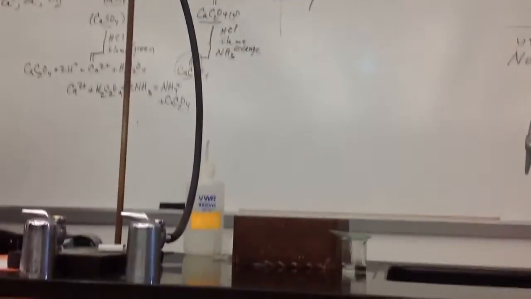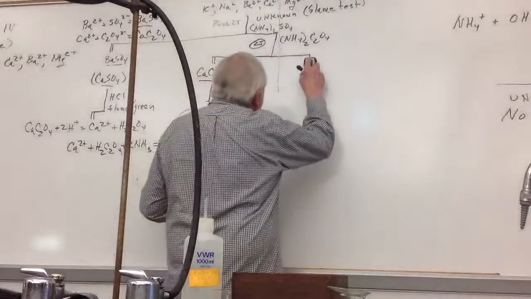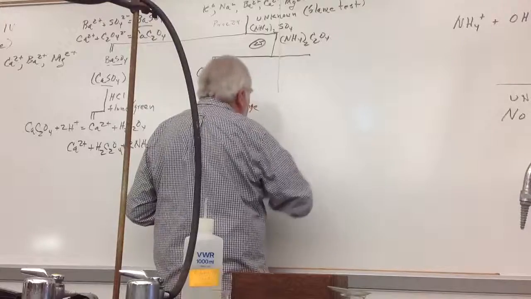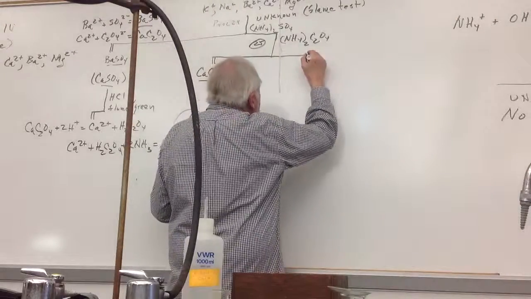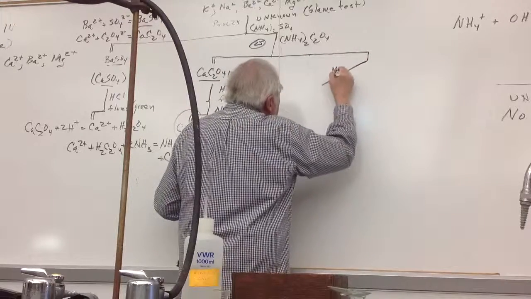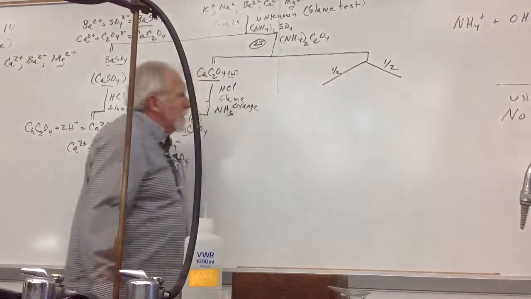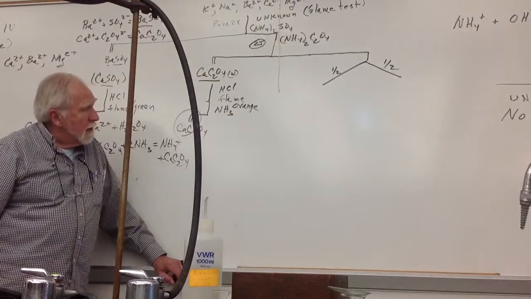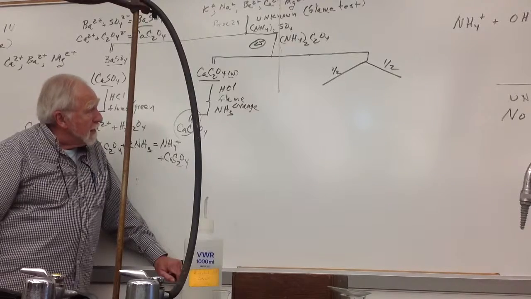It says save half of the decantate. Dividing it in half, and now you're doing the test for magnesium.